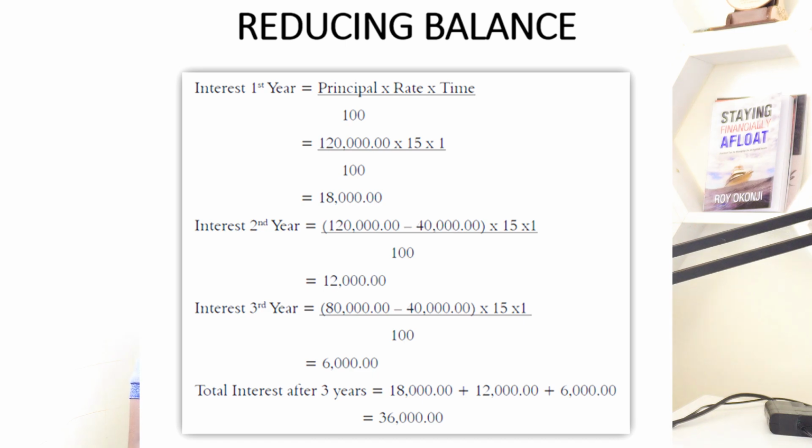That gives us interest of 6,000 shillings. And therefore, in total, at the end of the period, someone who took a loan calculated using the reducing balance basis will end up paying 36,000 shillings. That is how differently these two regimes are applied. So that's the first way of differentiating them, using how they are applied.